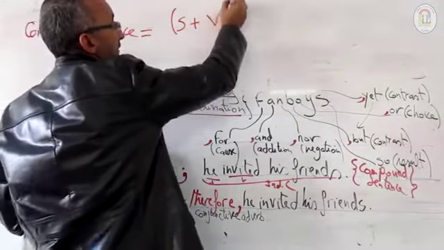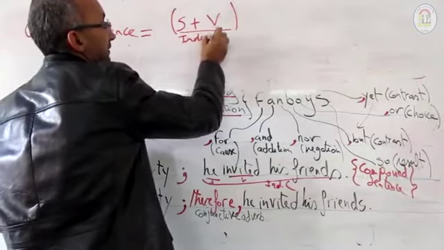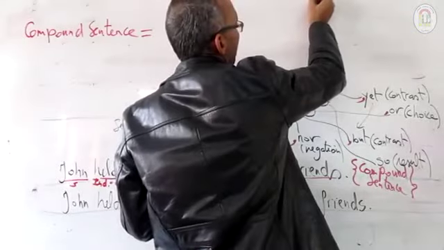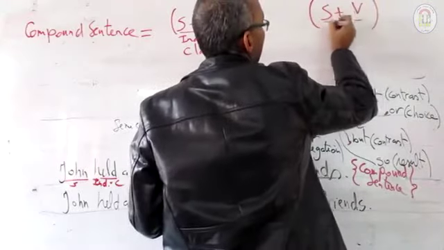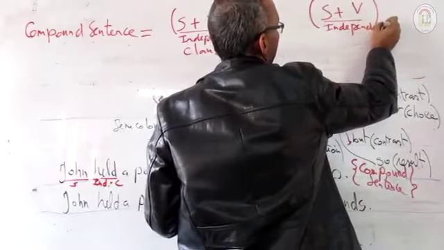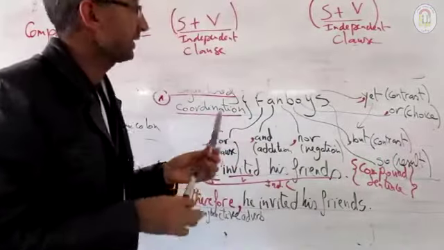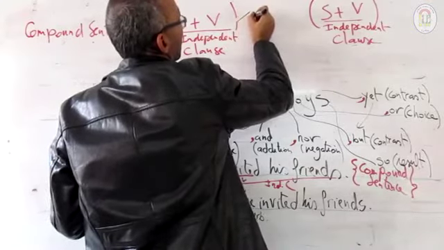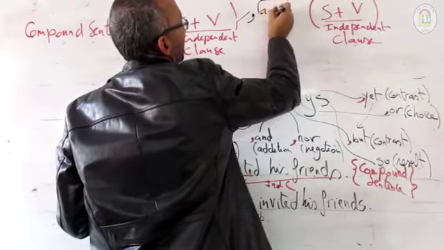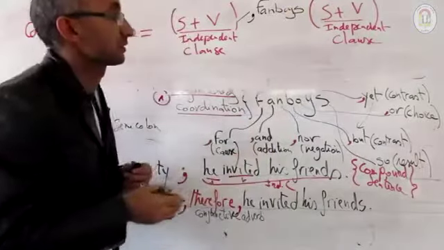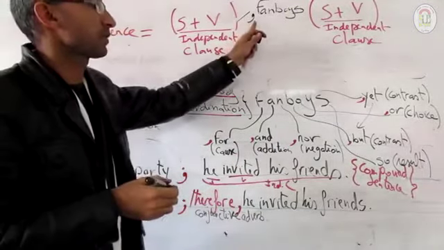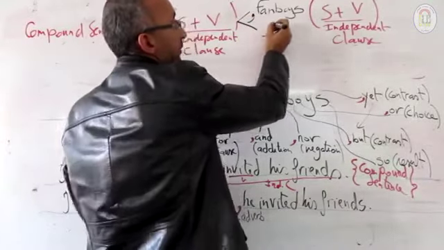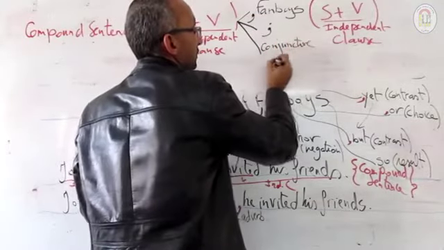S plus V as an independent clause, joined to another S plus V as an independent clause, either by one of the fanboys, preceded by a comma, or by only a semicolon, or also by a conjunctive adverb.